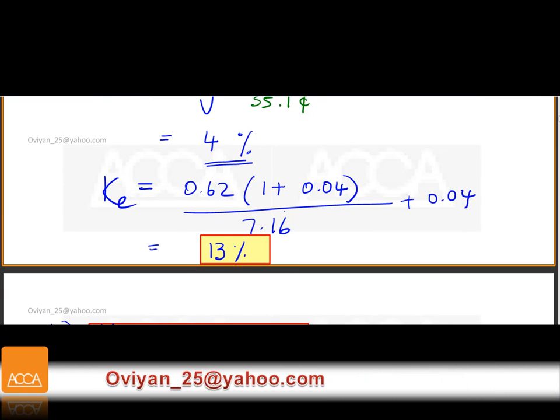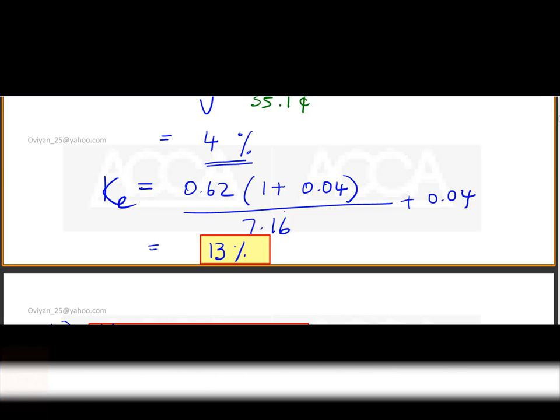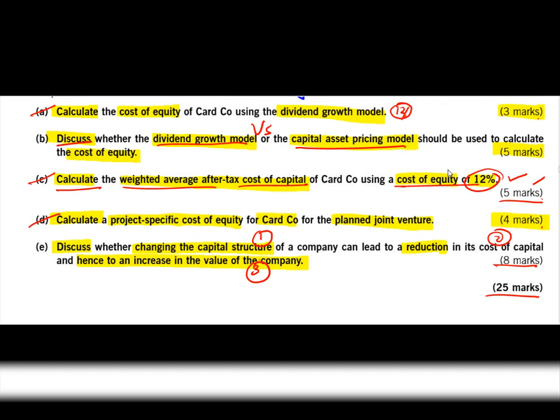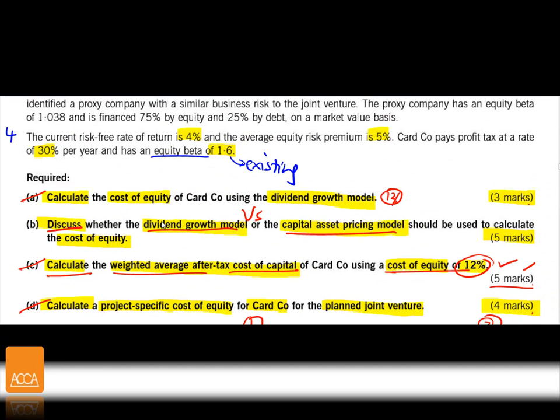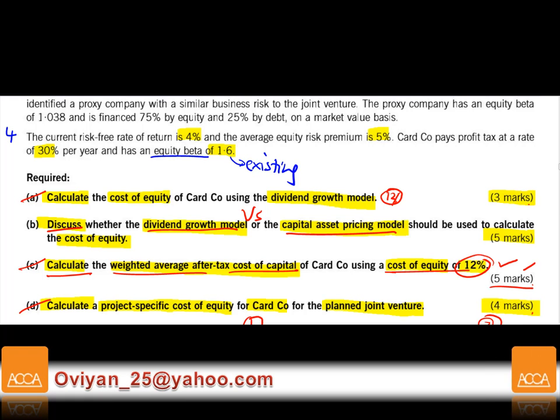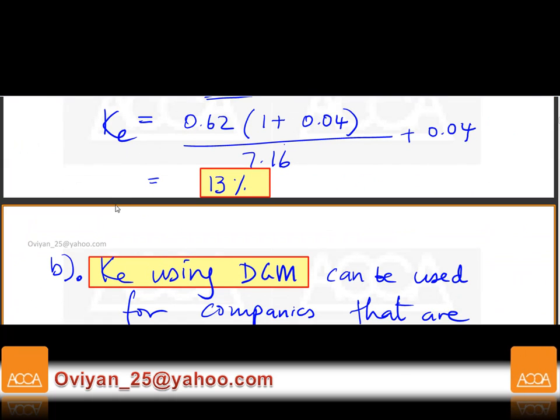So you might panic in exam, thinking it could be wrong. But there's a reason why the examiner has given you 12%: he has actually used the CAPM model to find 12%.